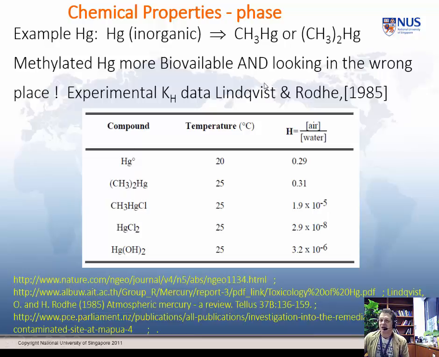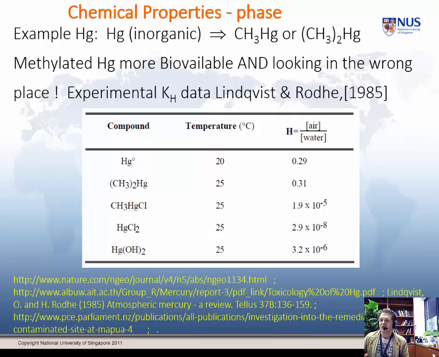Now, plants methylate mercury, methyl mercury or dimethyl mercury. It's very volatile and actually more bioavailable. So if you're looking for an initial mercury spill, an inorganic mercury spill, and you've left it a little while, you're going to be looking in the wrong place.